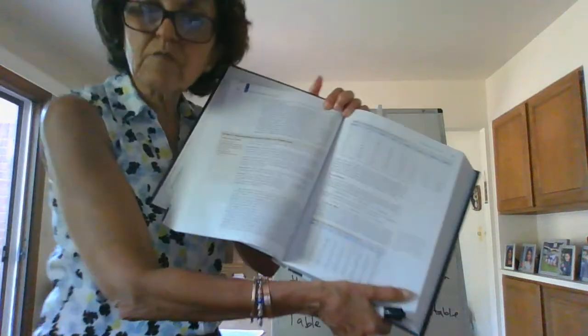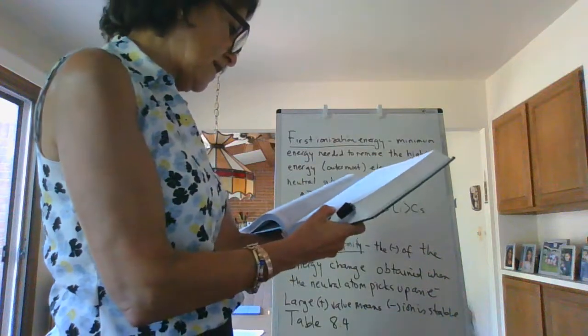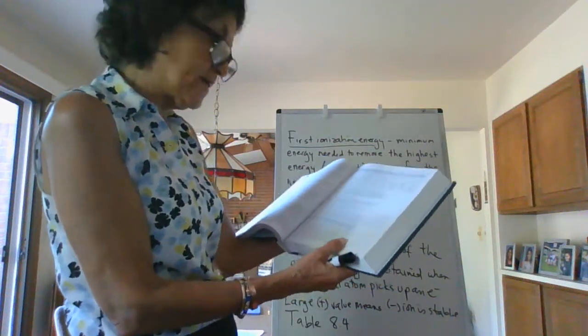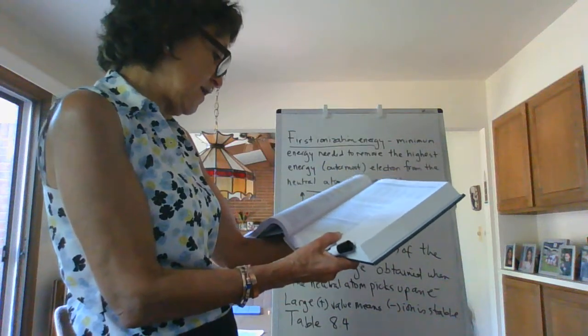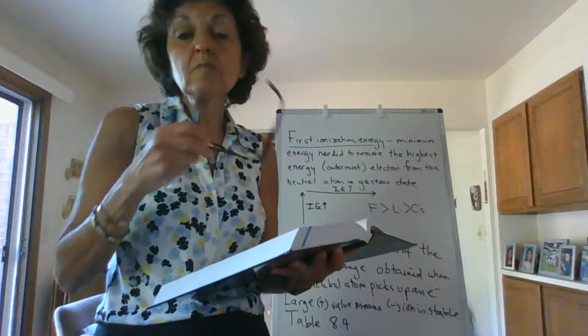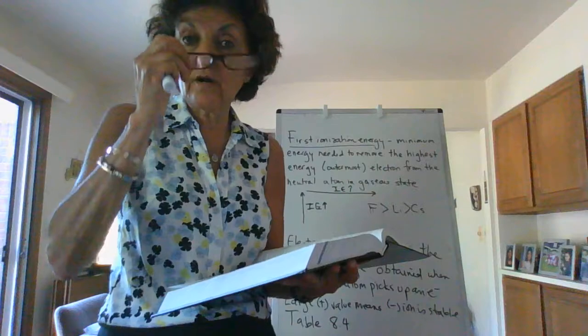You do not have to memorize it at all. But you can see here that fluorine has a value of positive 328, while lithium is positive 60. Much bigger positive value means higher electron affinity.